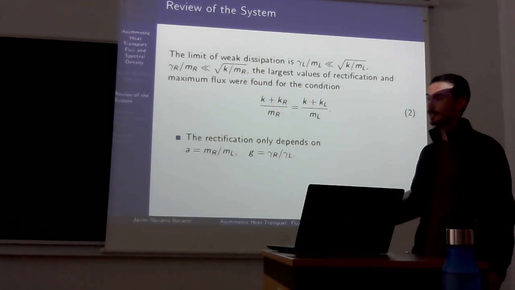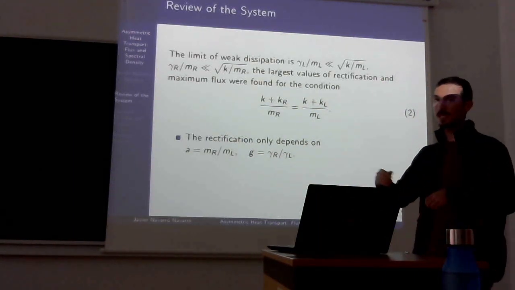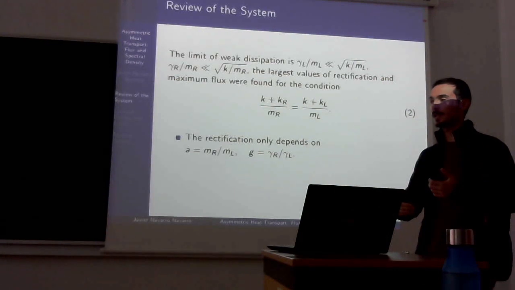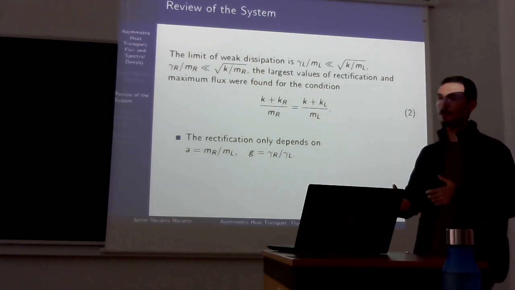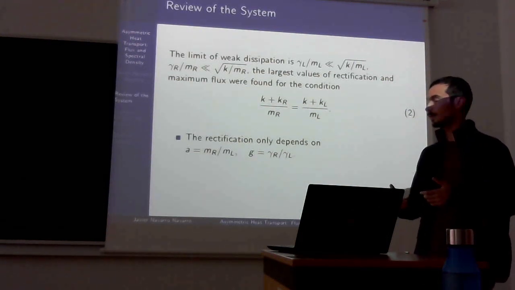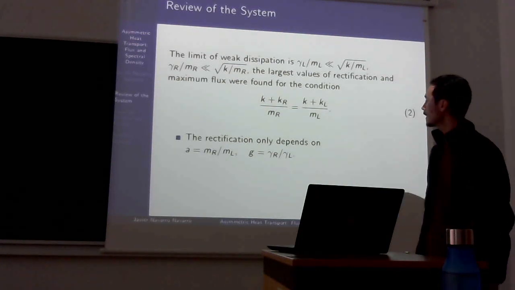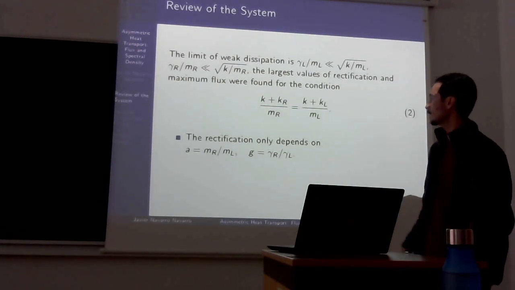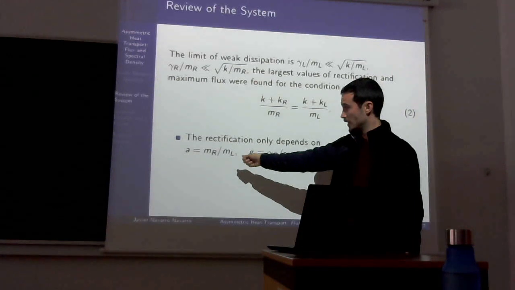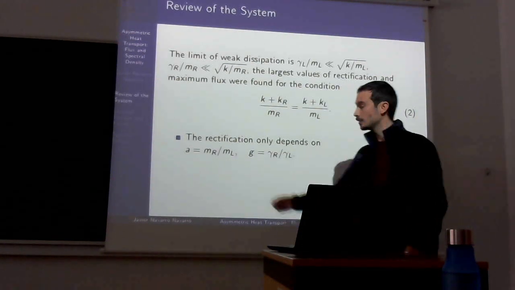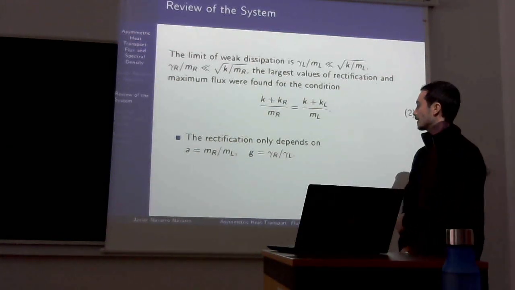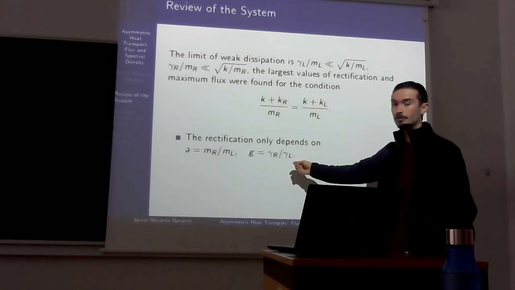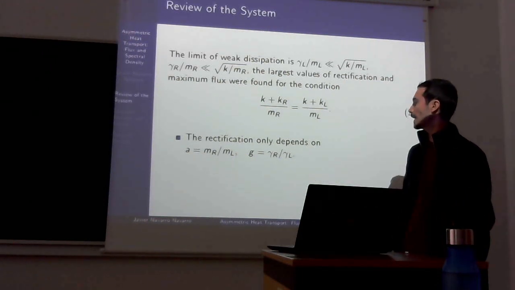This condition asks for the frequencies of both ions to be similar, and over this line the rectification is given by the mass ratio and the dissipation ratio of the baths.